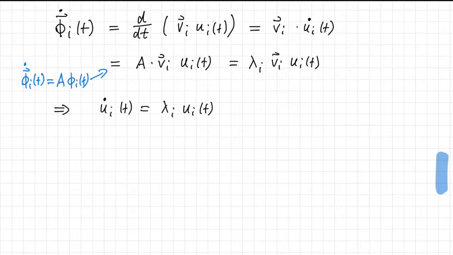That's the differential equation we've solved several times already in our simple examples, and we know that the solution is an exponential function: ui of t equals ci times e to the lambda i times t. So with all of that together, we can write down the general solution.